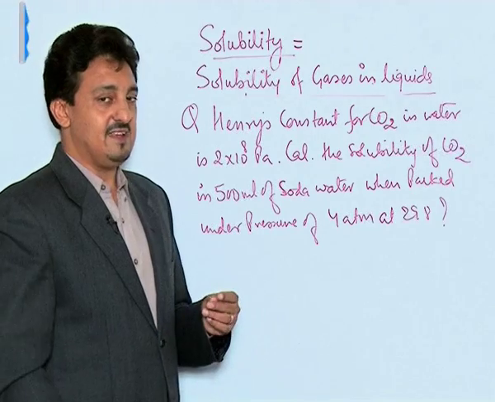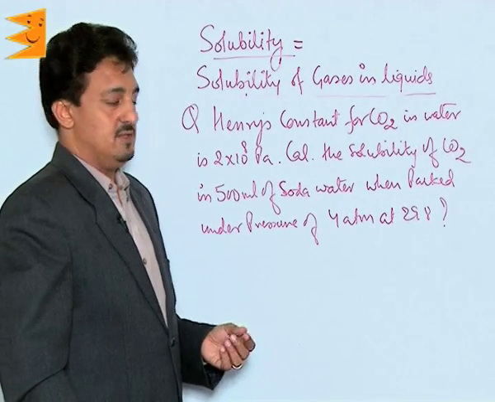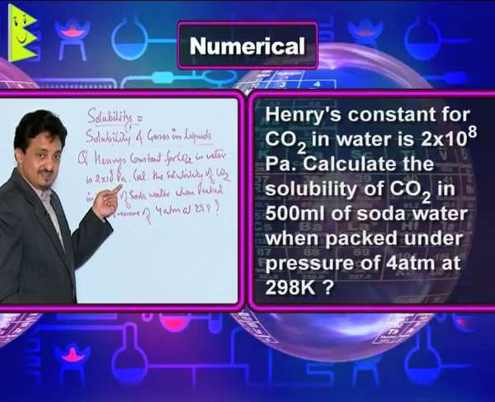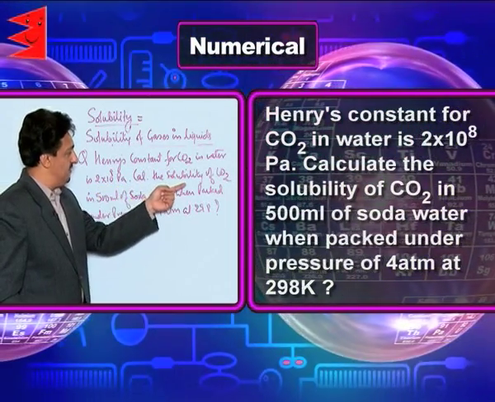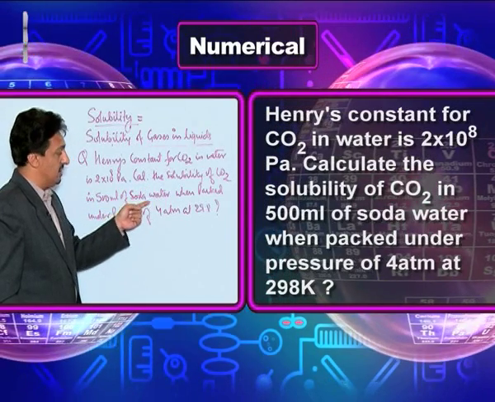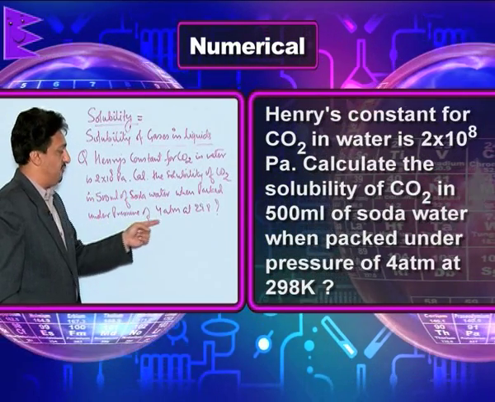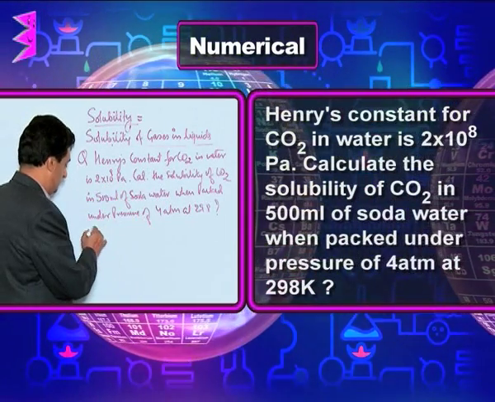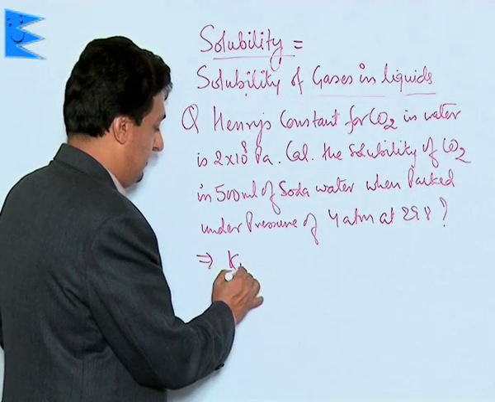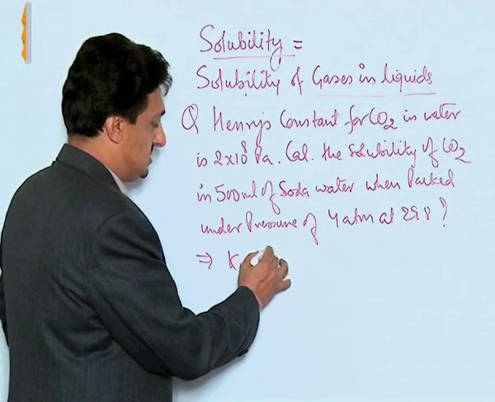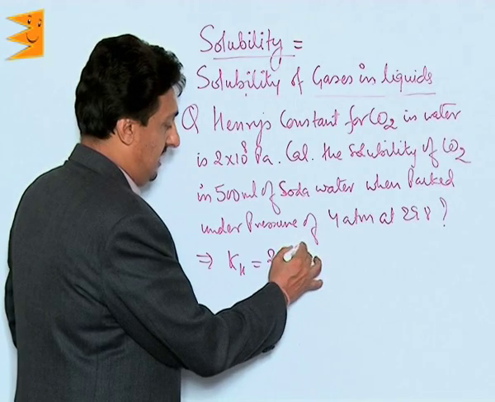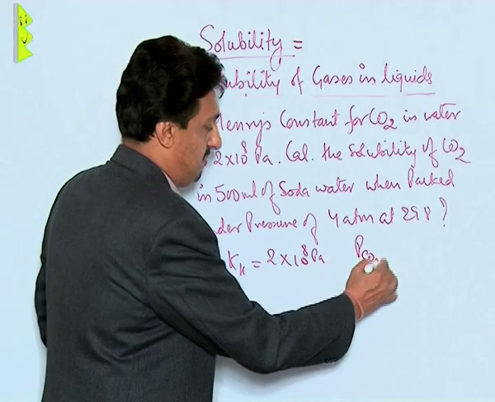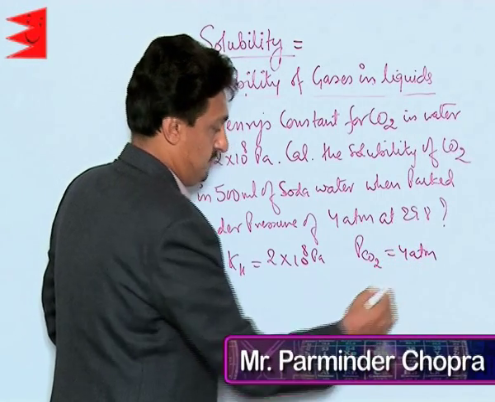Now let us understand Henry's law with the help of a numerical. The numerical is: Henry's constant for CO2 in water is 2 into 10 to the power 8 pascals. Calculate the solubility of CO2 in 500 ml of soda water when packed under a pressure of 4 atm at 298 Kelvin. It is given that Henry's constant for CO2 is 2 into 10 to the power 8 pascals, and the pressure at which the CO2 has been packed is 4 atm.